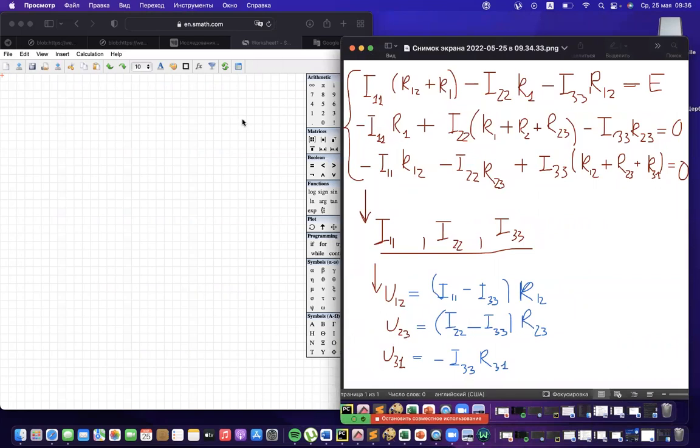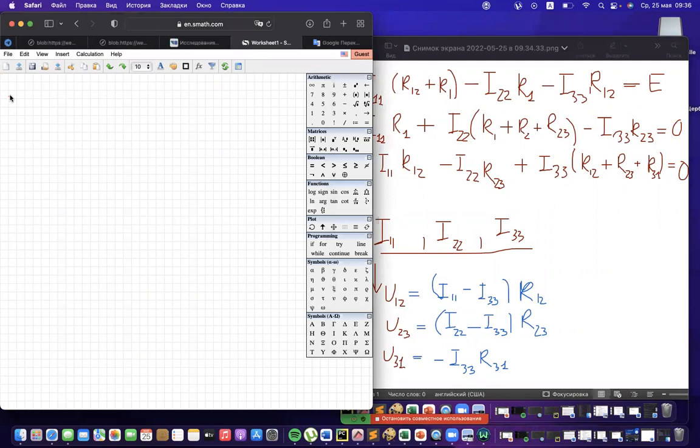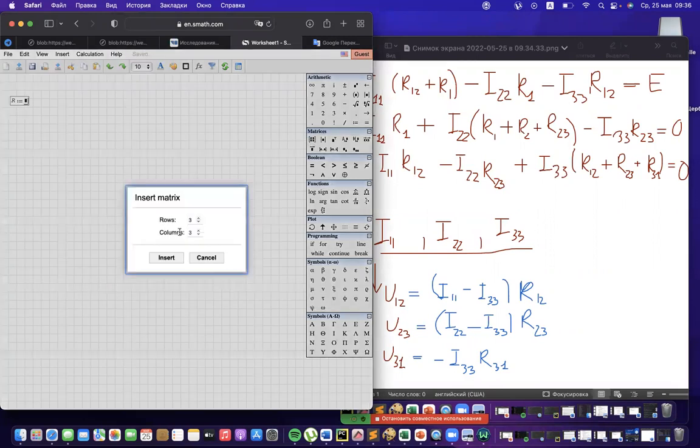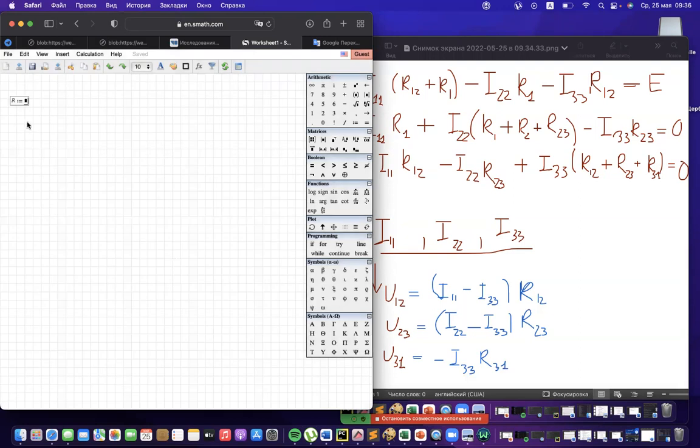First of all, we are making a matrix of resistors. Let's name it, for example, R. It will be a matrix 3 by 3 because you have 3 columns and 3 rows in the total system of equations.